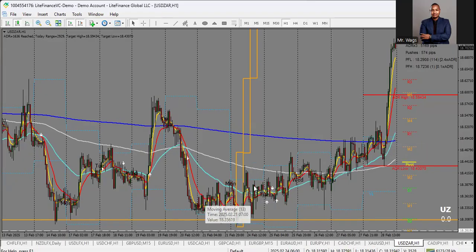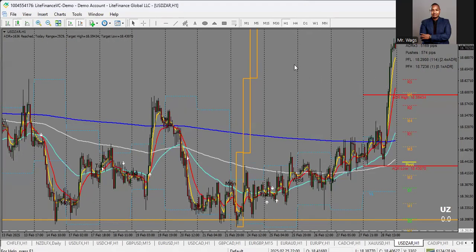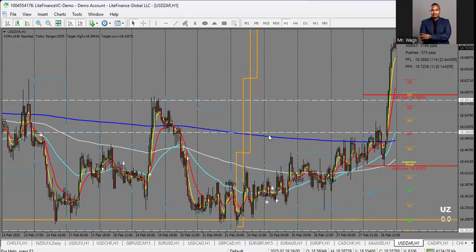So this accumulation that took place the whole week came to fruition on Friday. Okay, so what should we expect on USDZAR? We should expect for price to continue going up.